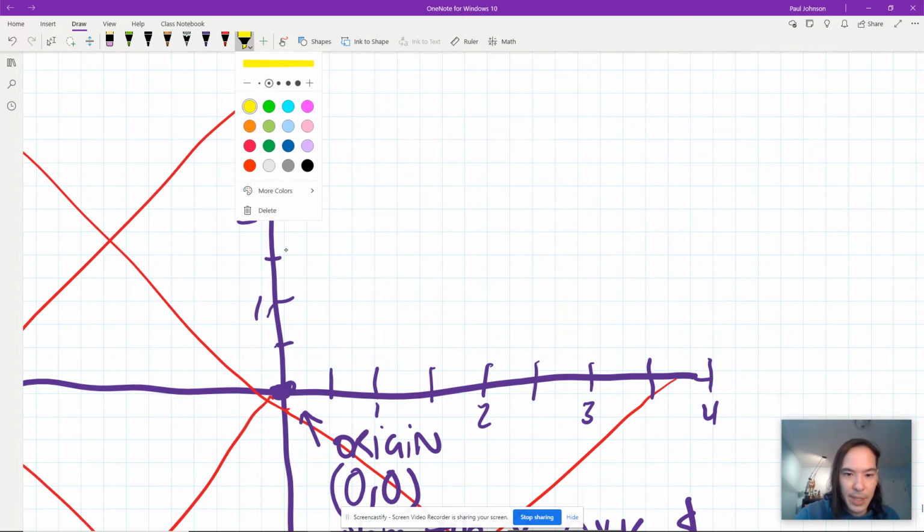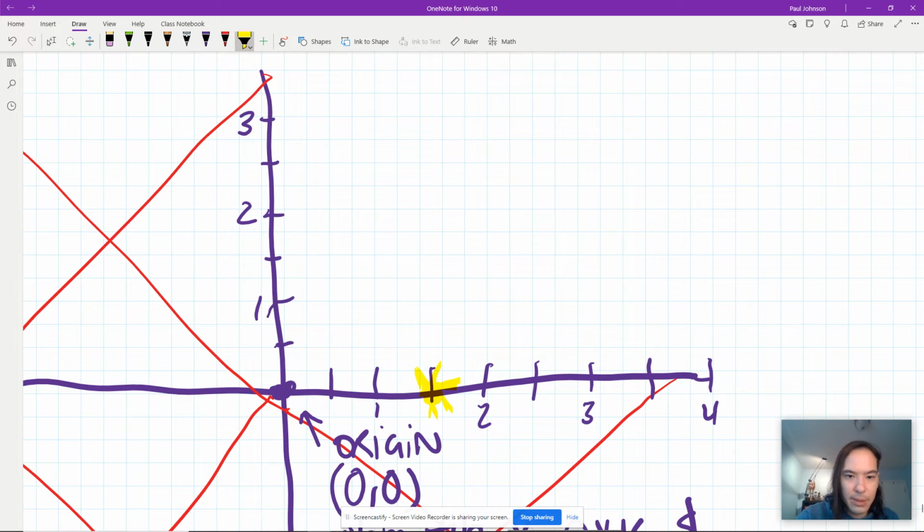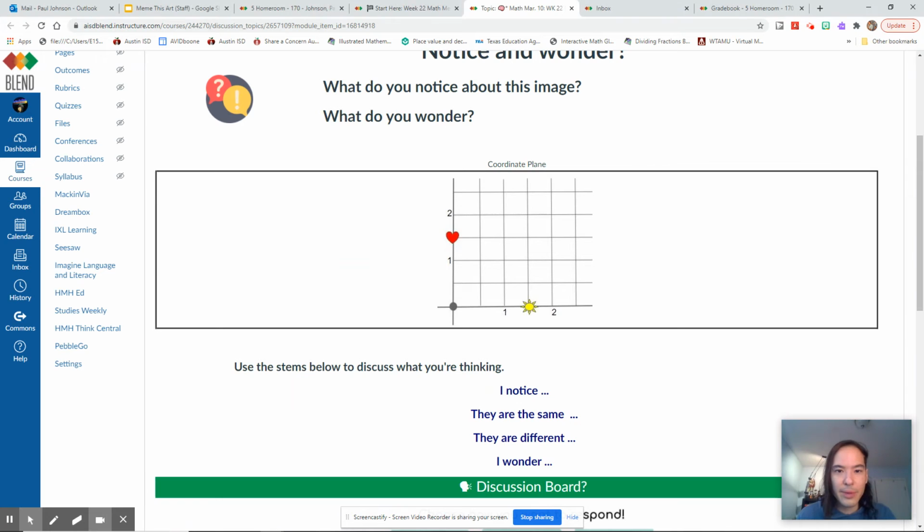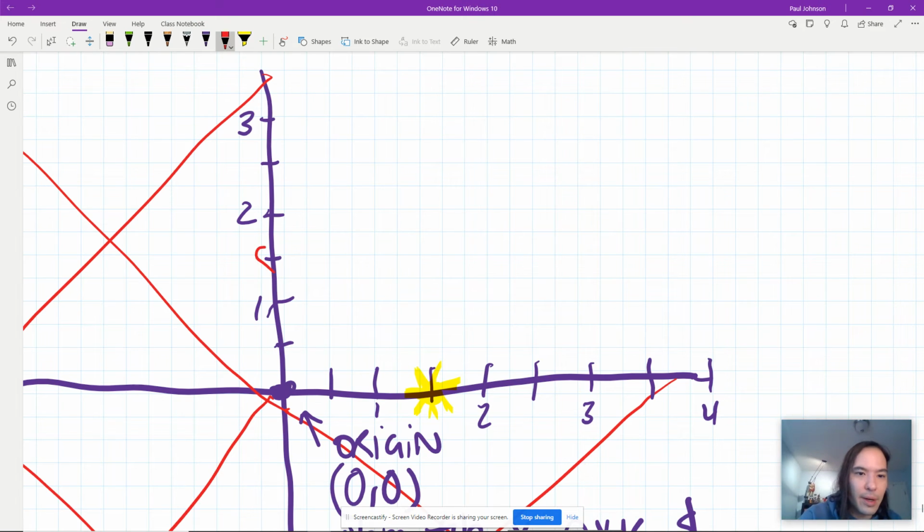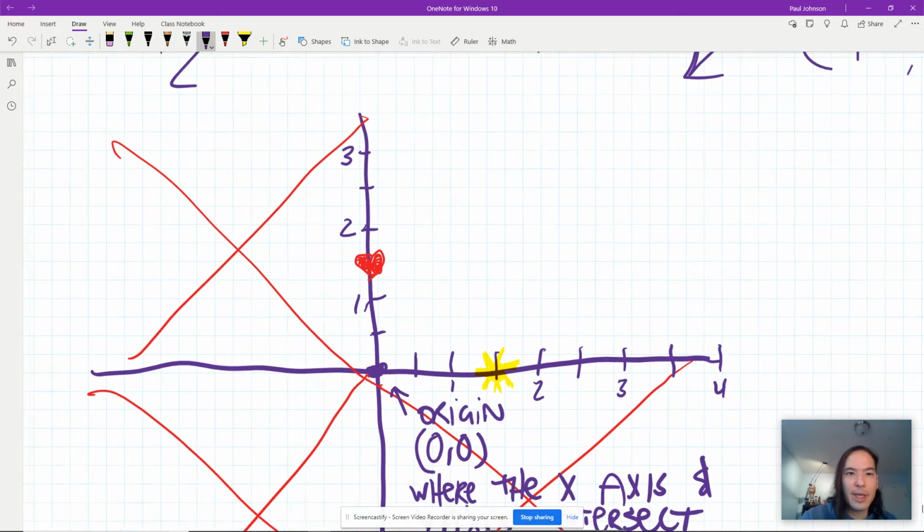So they drew a sun right here. There's our happy little sun. All right, so they drew a sun right there, and then drew a heart on 1 and a half over here.